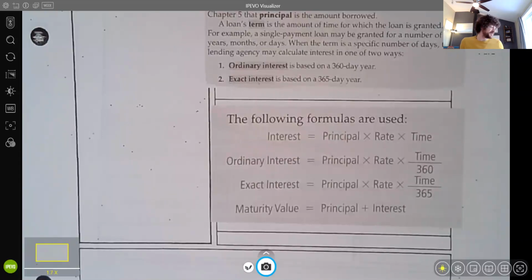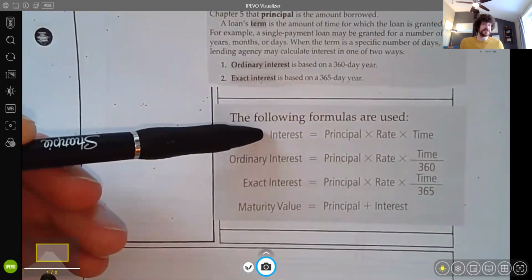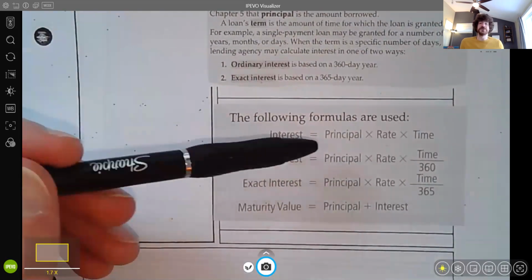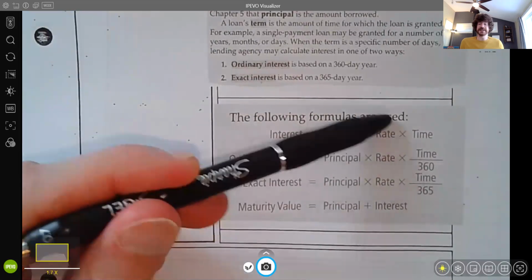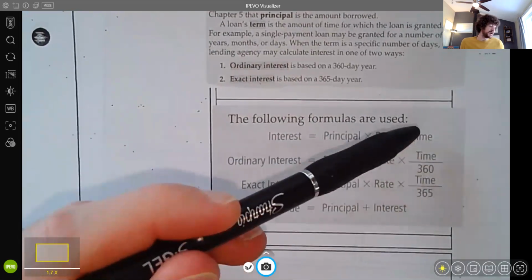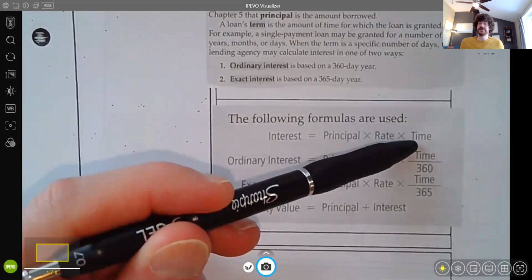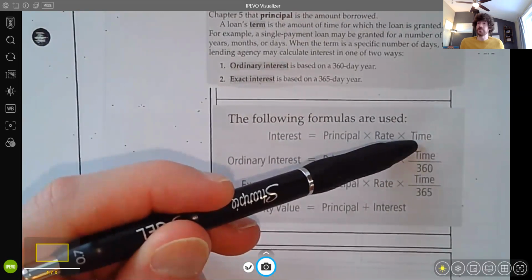And so if you remember, simple interest right here, we learned this formula back in, I think it was chapter 5. Interest is equal to the principal value multiplied by the rate as a decimal, multiplied by the time. And time was based off of a year, right? Or part of a year.